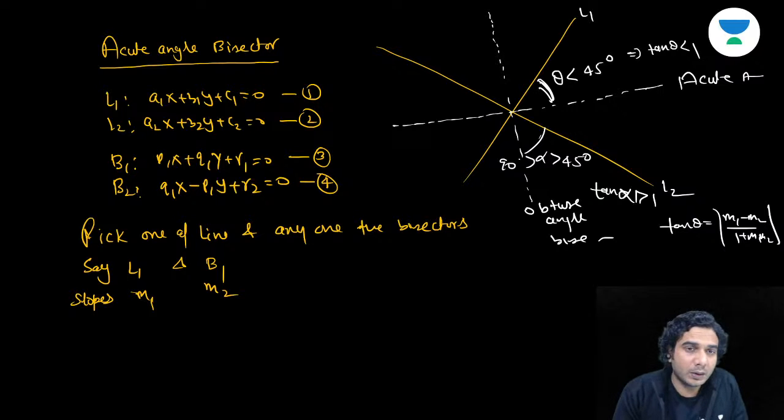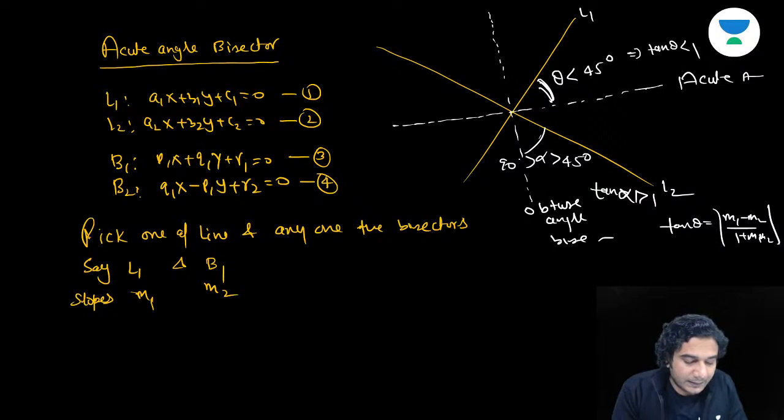Now what we are going to do is pick one bisector and one line, and find tan of the angle between them, tan theta, using the formula mod of (m1 − m2) upon (1 + m1 m2). If tan theta comes out to be less than 1, that means the bisector we have selected is the acute angle bisector.